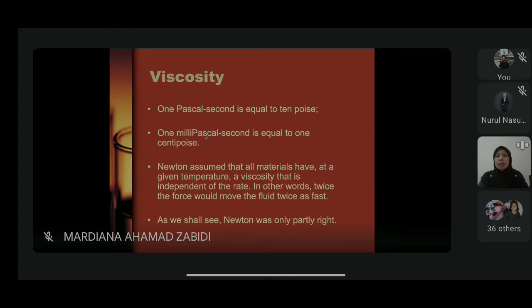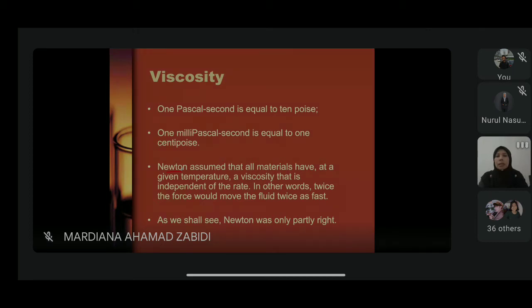This viscosity was studied by Newton. He assumed that for all materials at a given temperature, viscosity is independent of the rate, meaning it is independent of the rotation. In other words, if you increase the force, the fluid will move faster according to the force given.